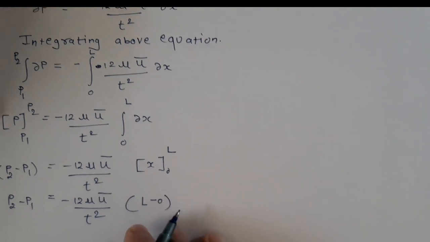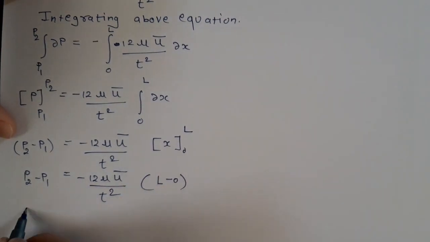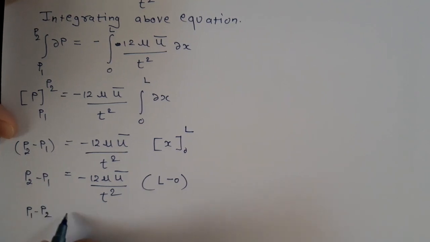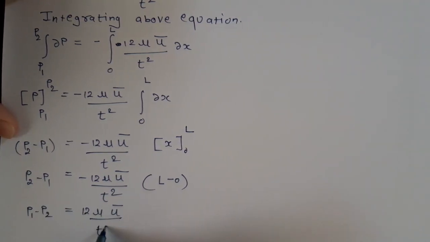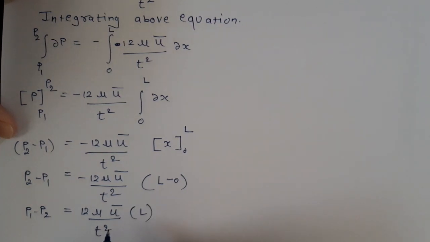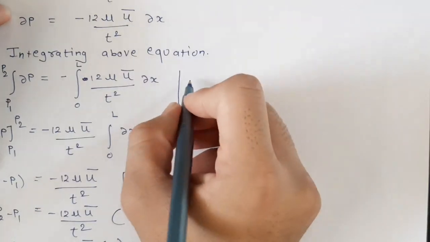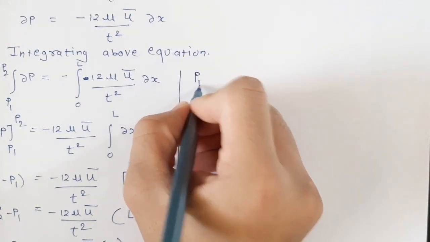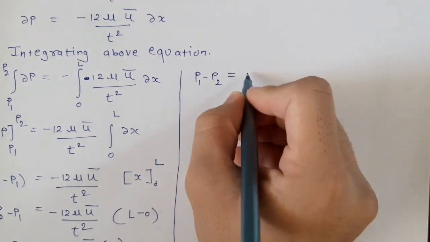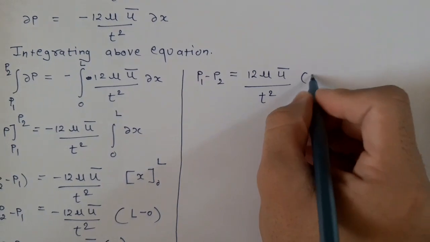Now multiplying this equation by minus on both sides, we get P1 minus P2 equals 12 mu u bar upon t square into L. So now we arrive at our final equation: P1 minus P2 equals 12 mu u bar L upon t square.